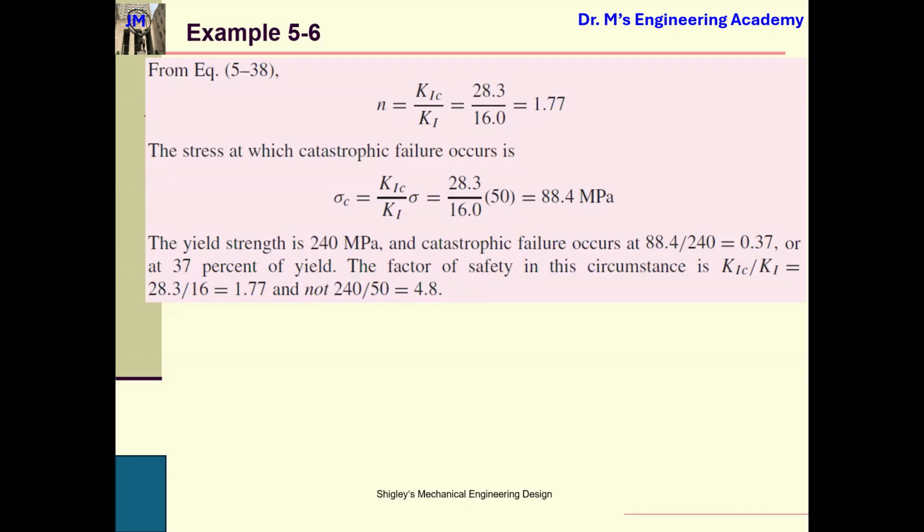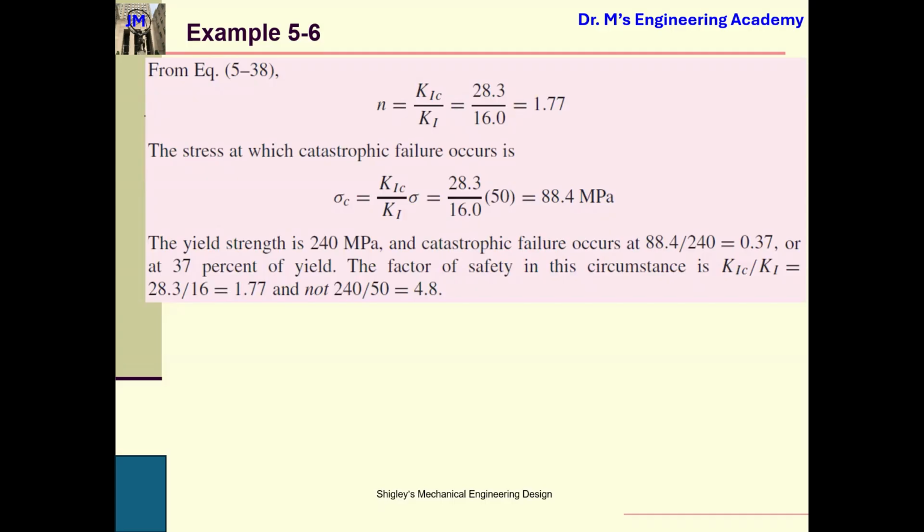So how to calculate this K_I? K_I equals beta sigma square root of pi a, and the beta equals 1. So it equals sigma square root of pi a, and you just want this to equal your K_IC divided by beta.